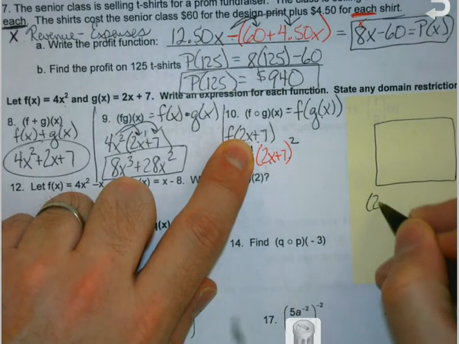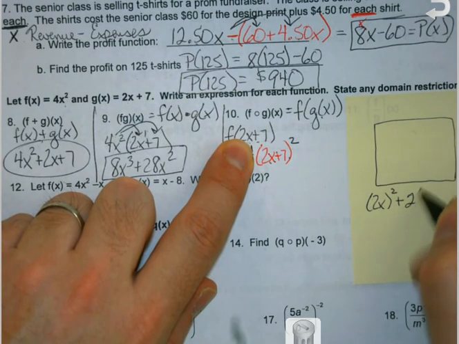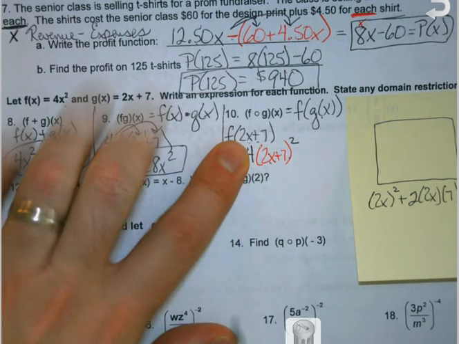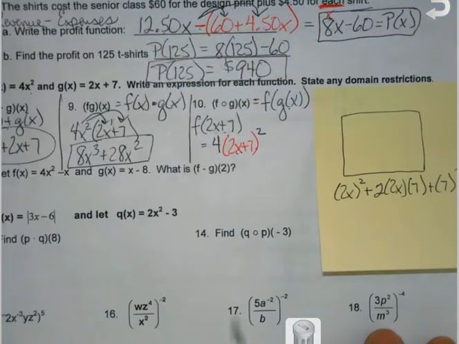So I'd have my first term squared plus 2 times the product of those terms plus my last term squared.